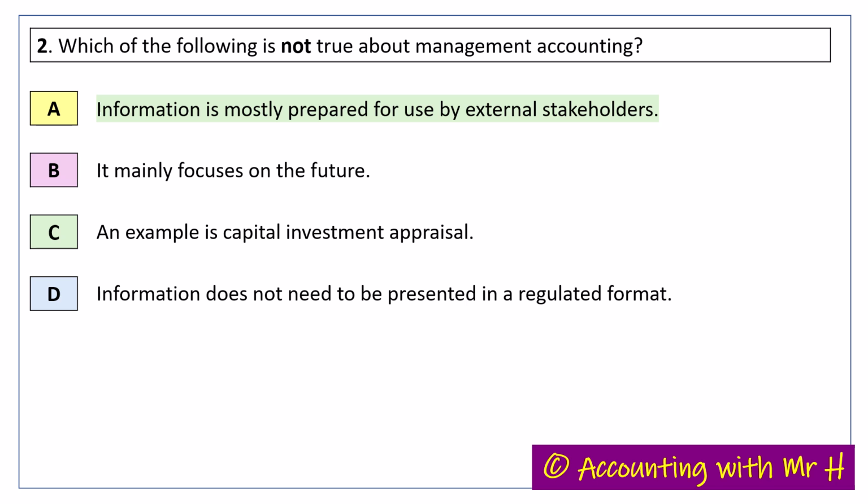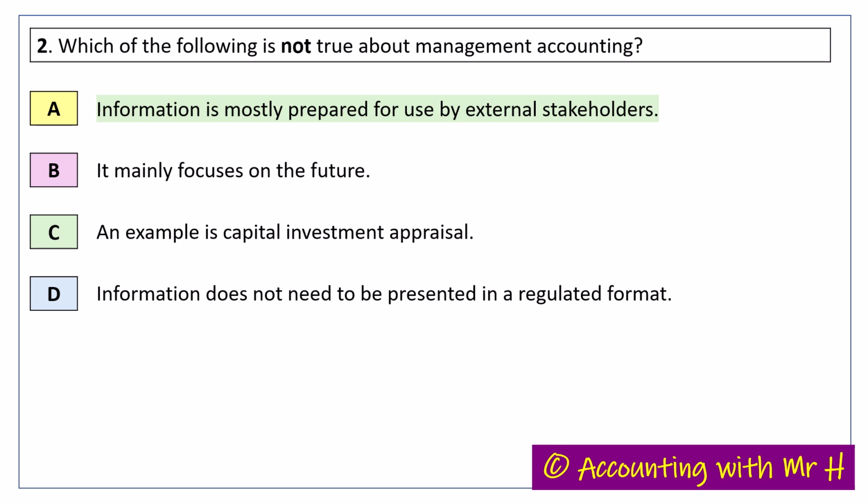It does generally focus on the future, whereas financial accounting generally focuses on the past and what has happened. Capital investment appraisal is an example of management accounting, along with budgeting, standard costing, and costing methods like marginal costing.